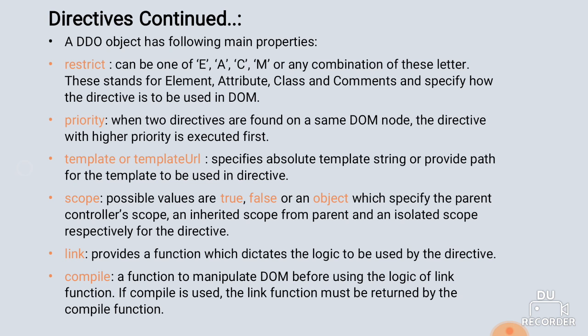So the common properties that the directive definition object returns is first the restrict type, which can be one of E, A, C or M. E here stands for element, A stands for attribute, C stands for class, and M stands for comments. This tells Angular how to use the directive.